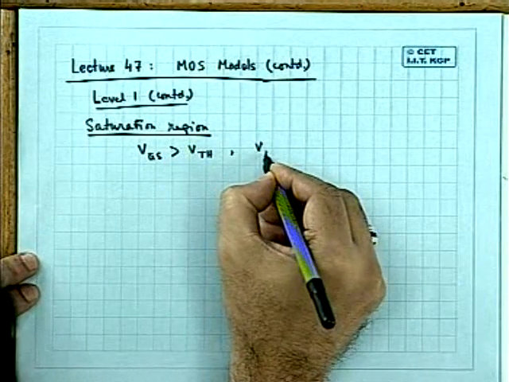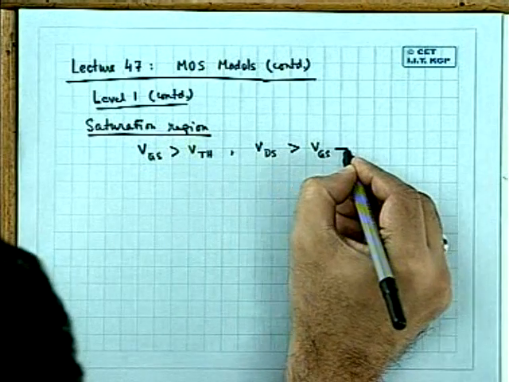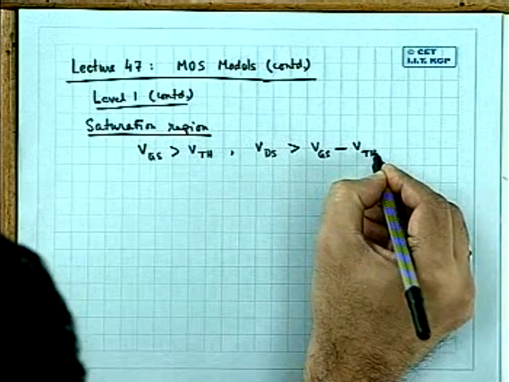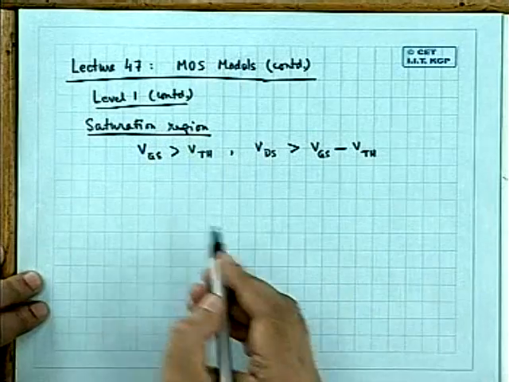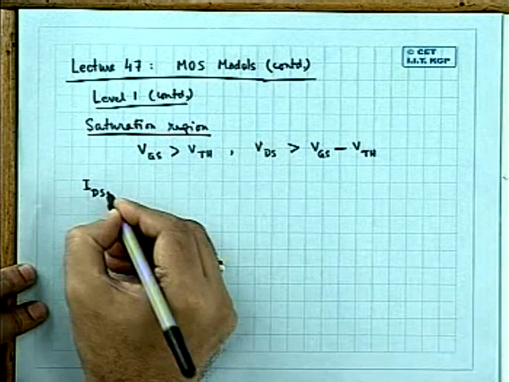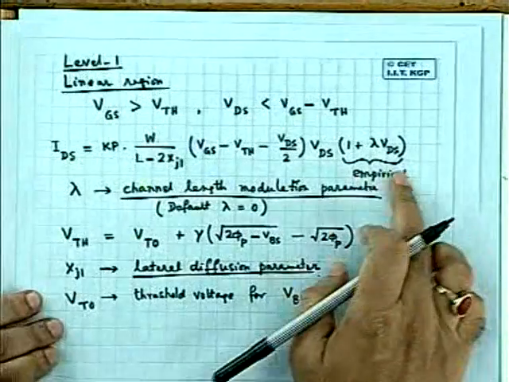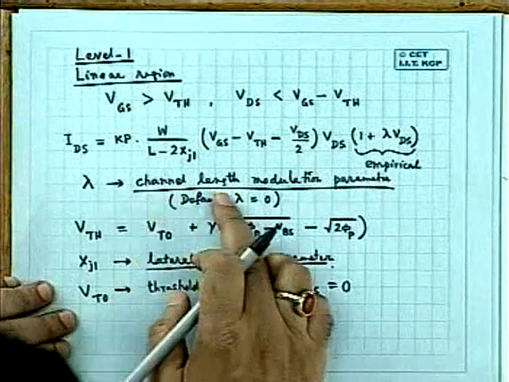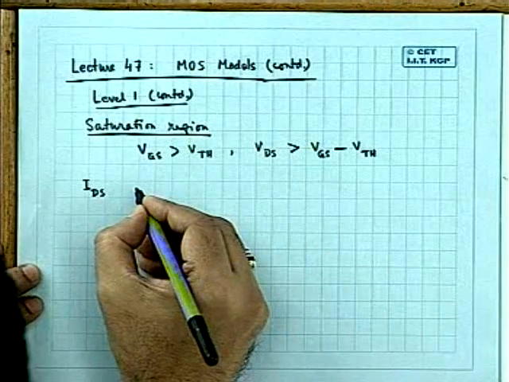However, VDS now is more than VGS minus VTH, so that saturation occurs, but this is not a perfect saturation. So as before, we have already brought in lambda to account for the channel length modulation effect. That will also naturally be contained in the saturation region.